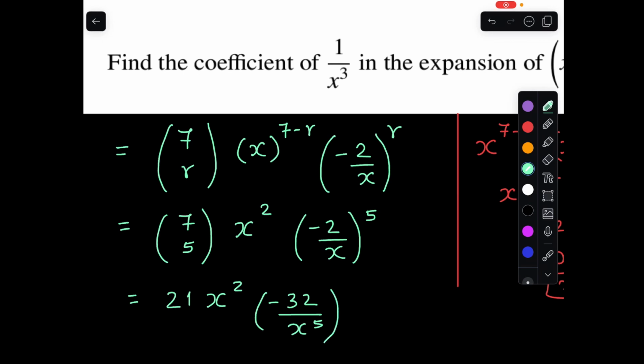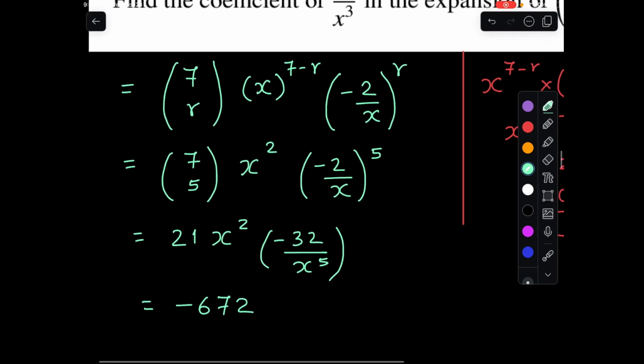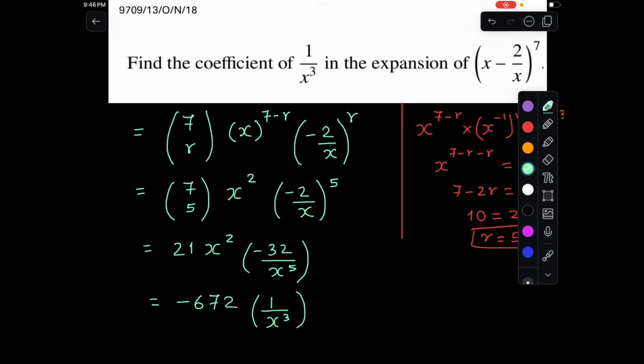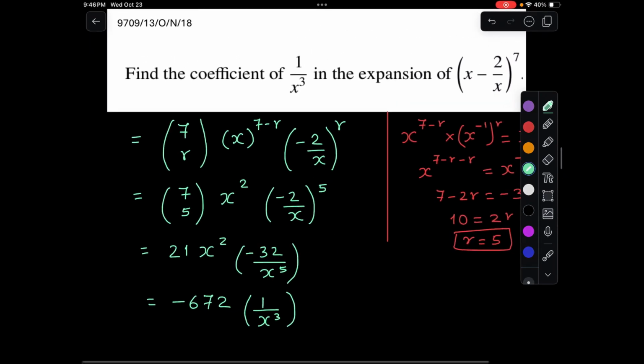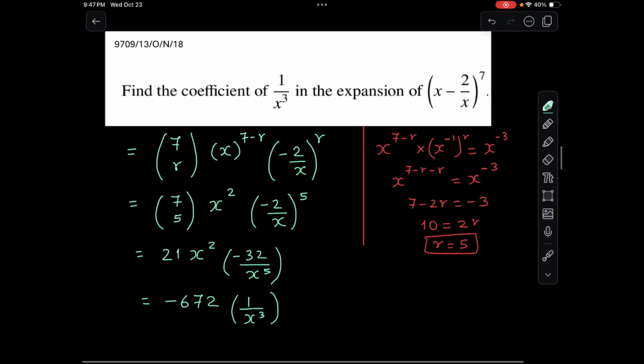So 21 times minus 32 gives me negative 672 over x cube. So the coefficient of 1 over x cube is negative 672.